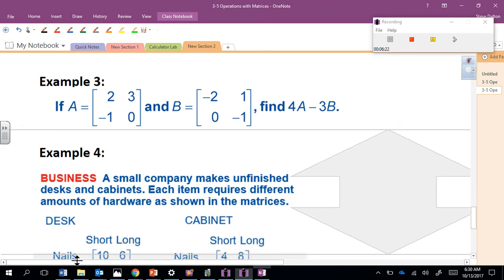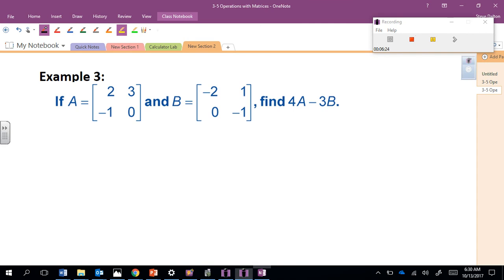So let's move example 4 out of the way here. With this, they want us to find 4A minus 3B. Okay, so we set it up.